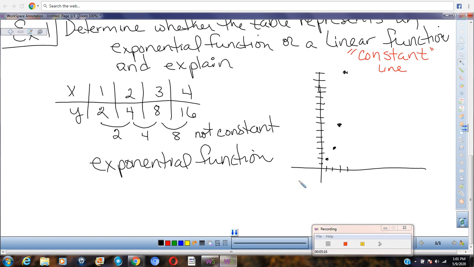You can see that this does not fall in a straight line. It's this curve. Not a very good drawing there. Let's try that again. It's this curve that grows quickly at the end. So again, you can see this is an exponential function.